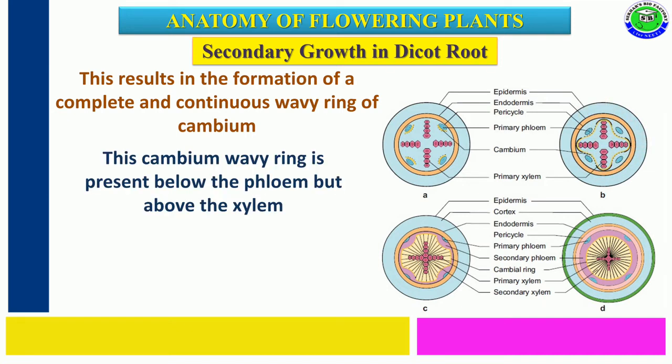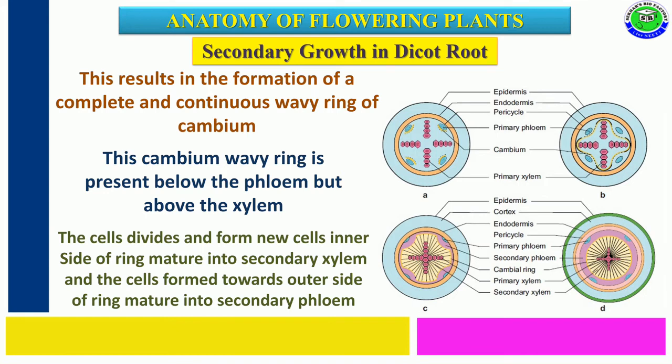The wavy cambium ring is present below the phloem but above the xylem. During secondary growth, the cells divide and form new cells on the inner side of the ring, which mature into secondary xylem. At the same time, the cells formed towards the outside of the cambium ring mature into secondary phloem.